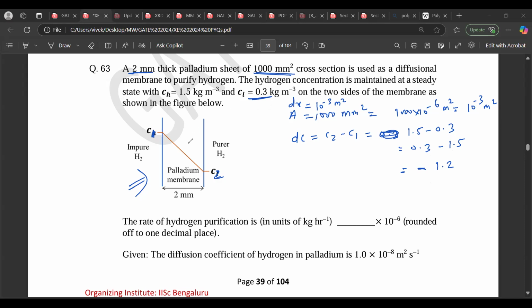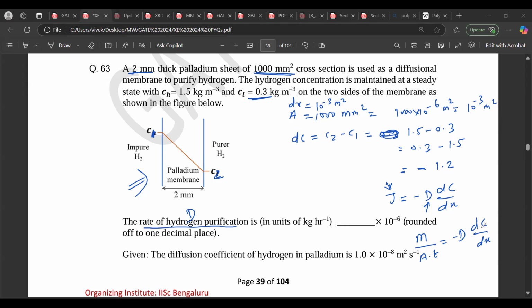Now it's asking rate of diffusion, that means capital D. So you have J equals minus D dC by dx. You already have dC and dx, you want to calculate D, but you don't know J, right? So what is my J? J is my mass per unit area per unit time equals minus D dC by dx.